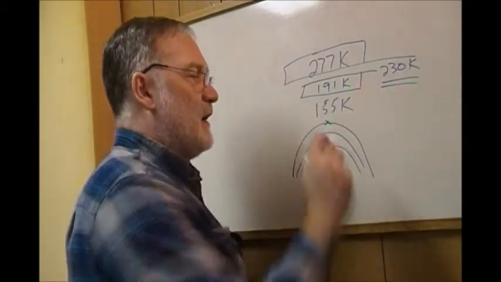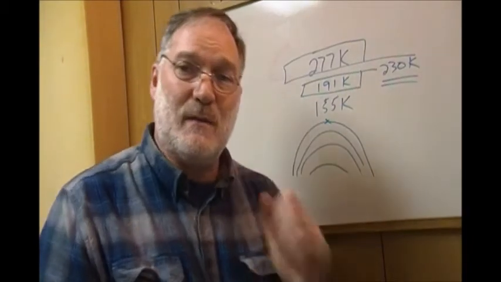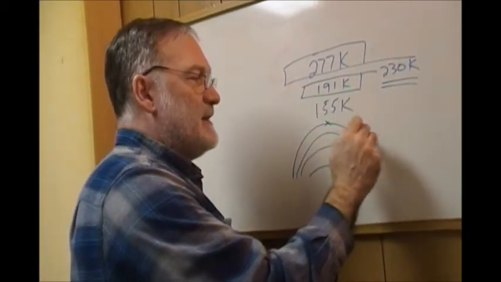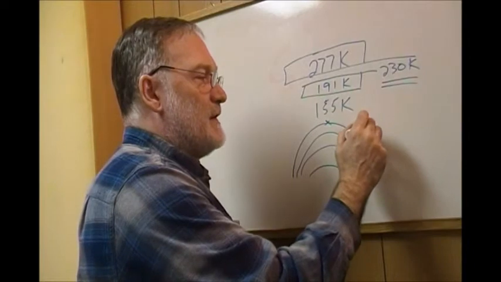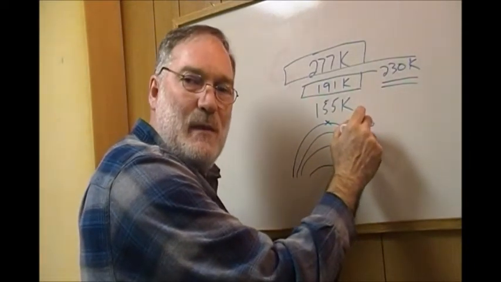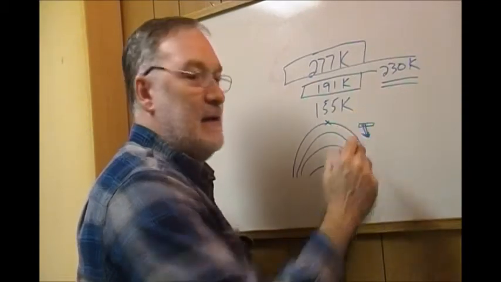But these peaks are not quite as high as we would expect from the black body temperature, and the reason is because about 2 to 3% of the energy doesn't go into making the surface hot. It's conducted by contact, transferred by contact into the regolith below.